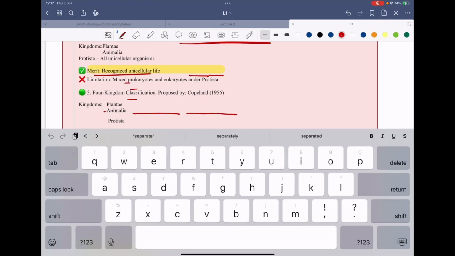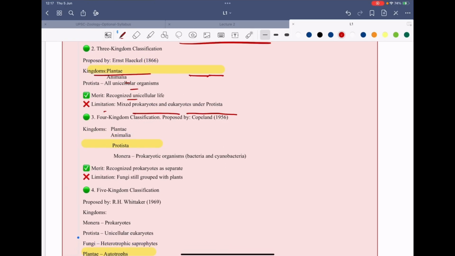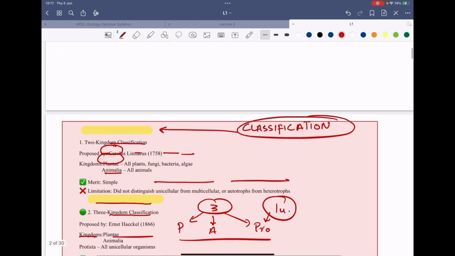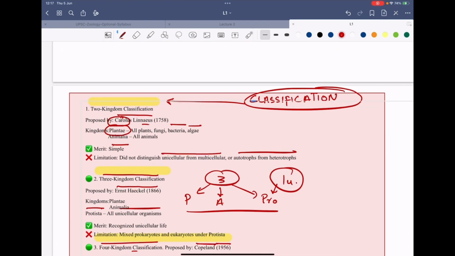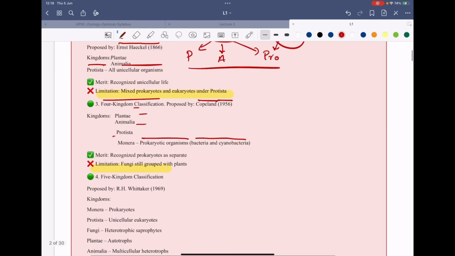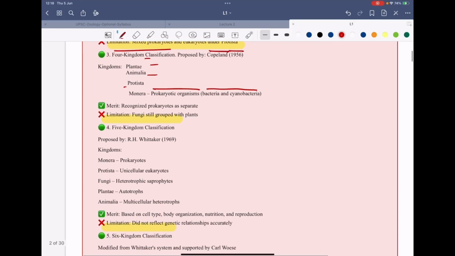This limitation of the three kingdom classification, that they mixed the prokaryotes and eukaryotes, was overcome in the four kingdom classification.